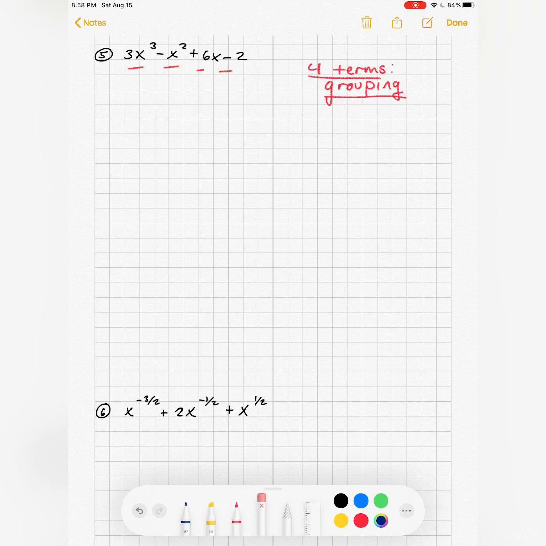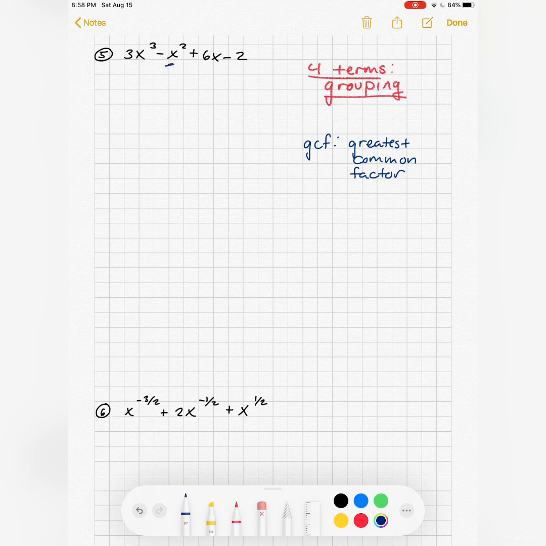So what that means is I may not have a common factor, so I look for a GCF. That's really the first thing that I do when I'm factoring anything. I'm asking, is there a greatest common factor, like something that I can pull out of the whole expression?